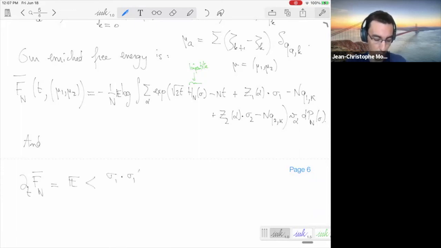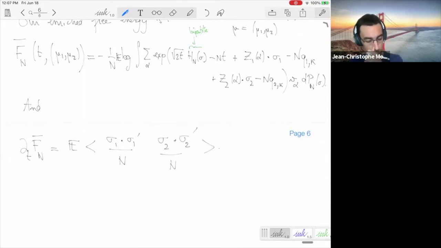You may or may not remember, but what shows up is this product of overlaps when we do this derivative. And when we differentiate with respect to the positions of the Diracs, so let's say the derivative with respect to mu A of Fn bar at t, mu, q ak.